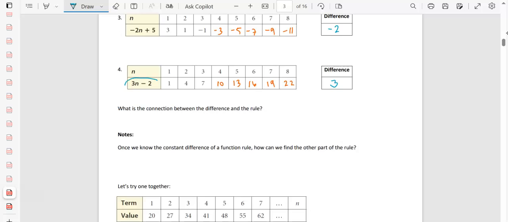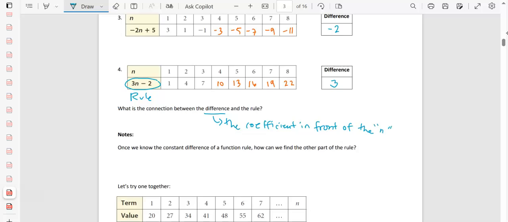So again, this is the rule, okay? I hope you noticed that the difference was the coefficient in front of the n. Okay.